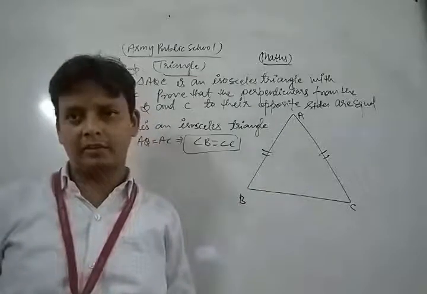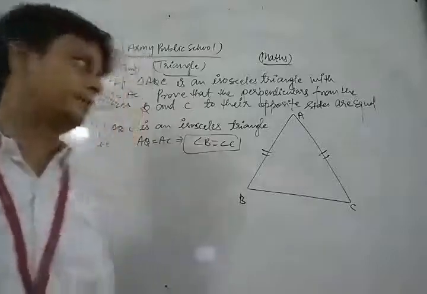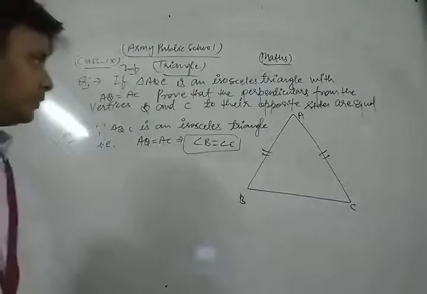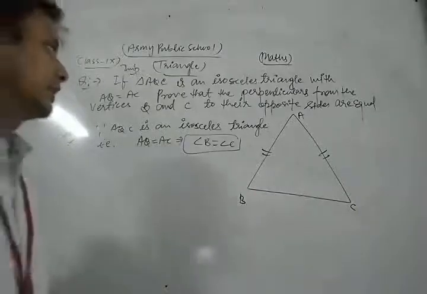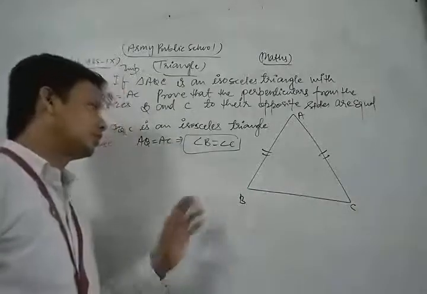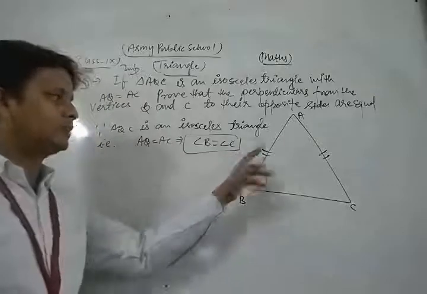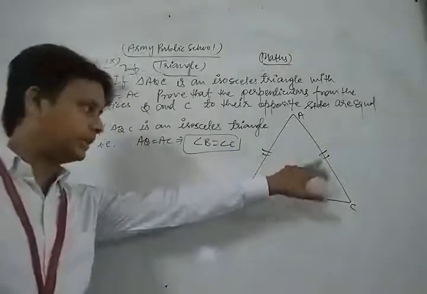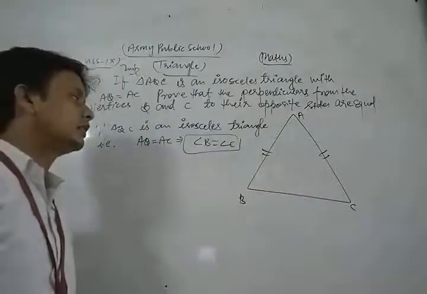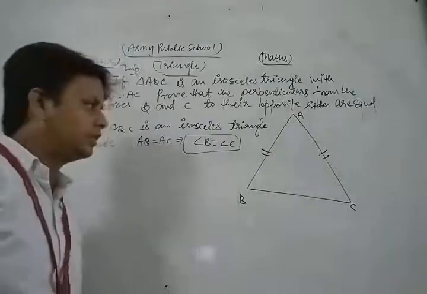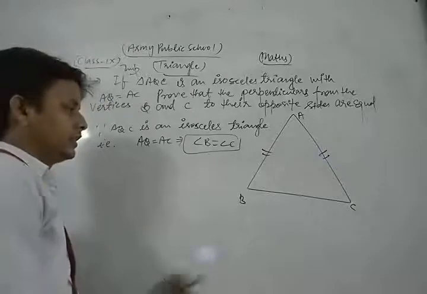You know that very well. So here, since ABC is an isosceles triangle, AB is equal to AC, and angle B is equal to angle C.